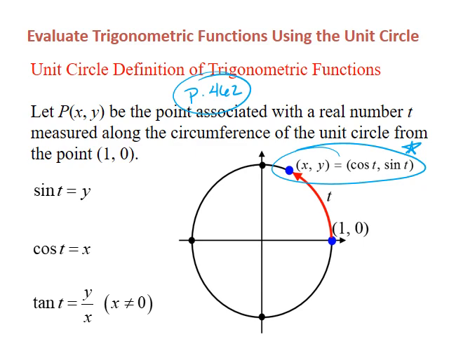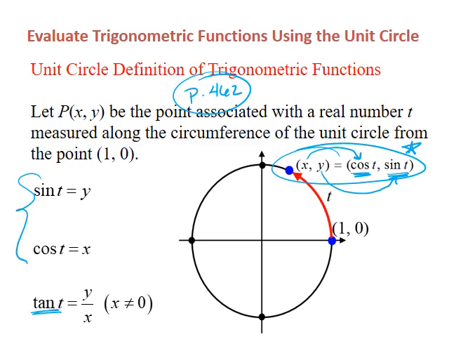Well, now we are going to have coordinates cosine of t, comma, sine of t. So whatever value is typically in the x position is the cosine value, and whatever coordinate is in the y position is now going to be the sine value. So here, that's what is being said over here.